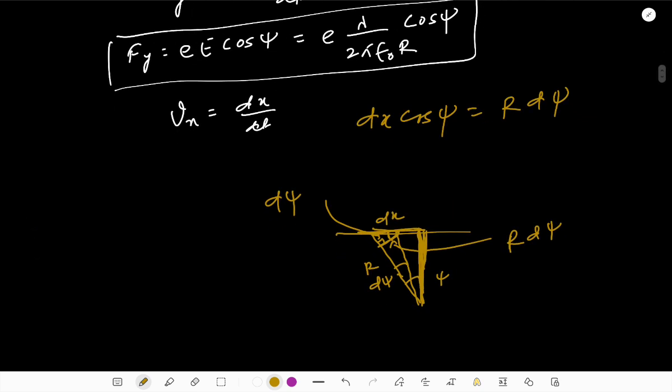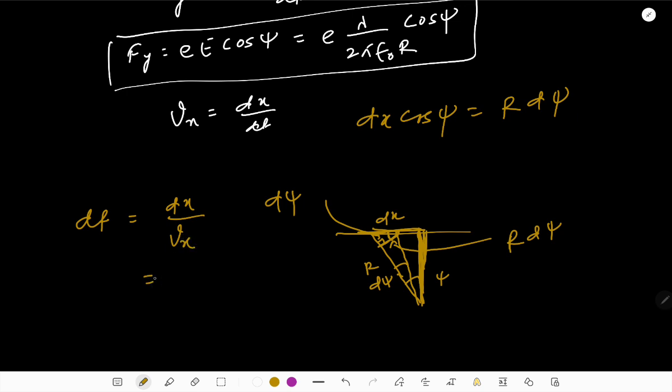And I can write dt equals dx by Vx. I should not have lost my control, otherwise I am not going to solve it. dx upon Vx.